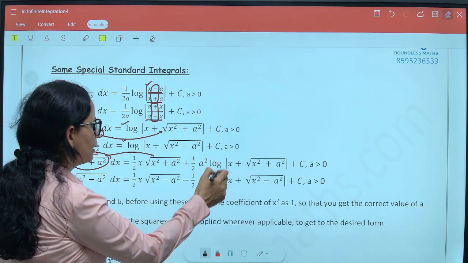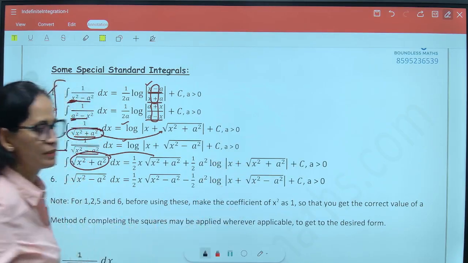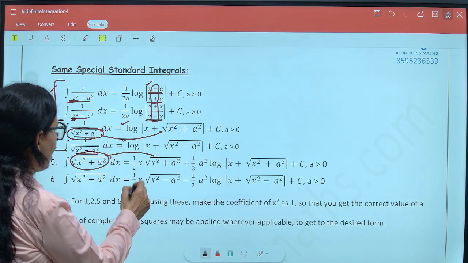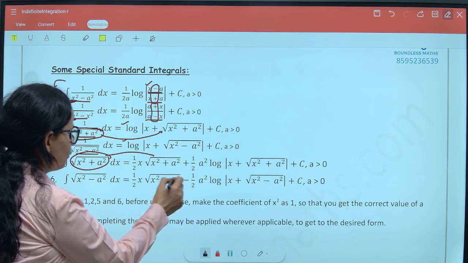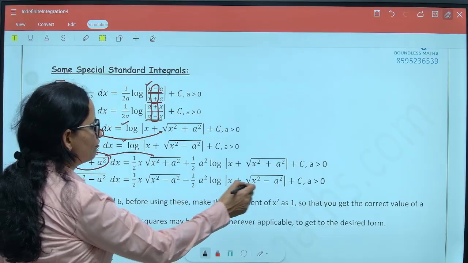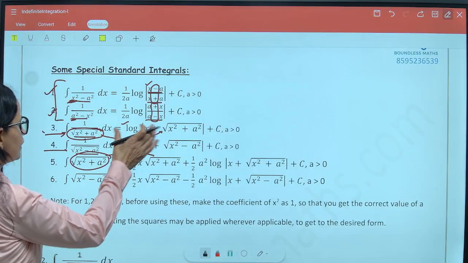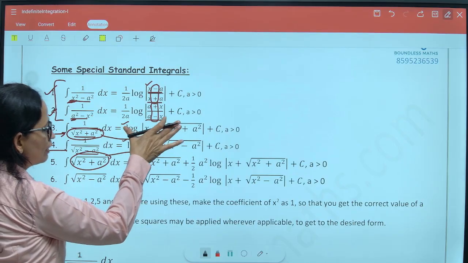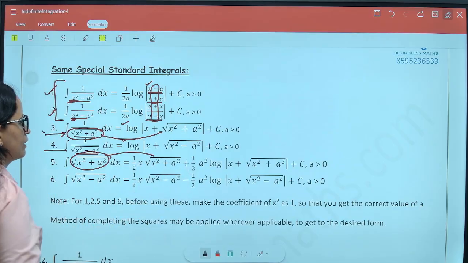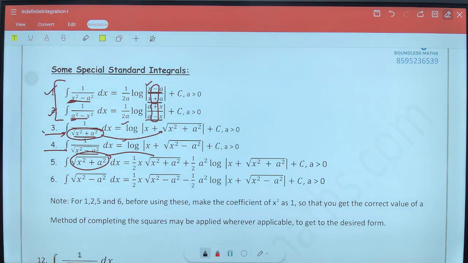Half of a square log of x plus square root of x square plus a square. Next, x square minus a square, you have half of x square root of x square minus a square minus half of a square log of x minus square root. Now the entire log expression comes as it is here, and you have half of x square root of x square plus a square as the first term, right?